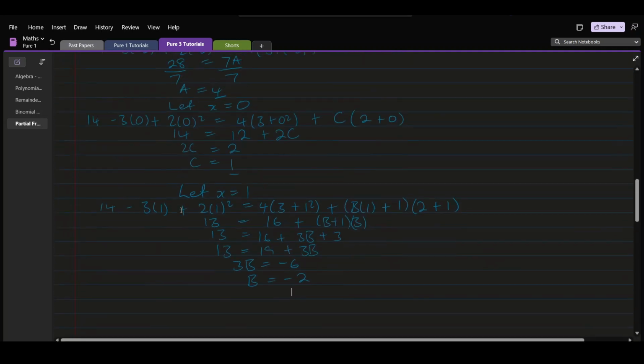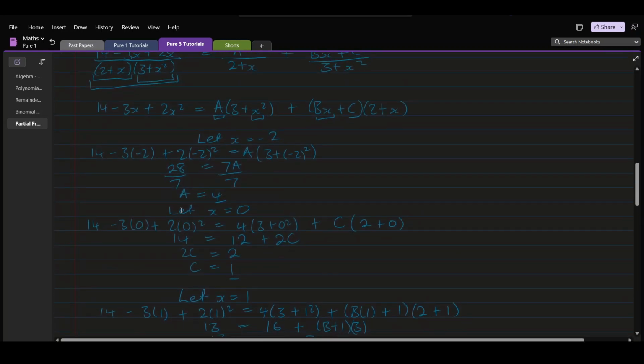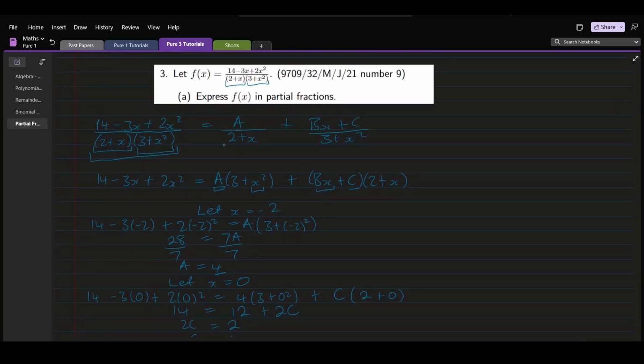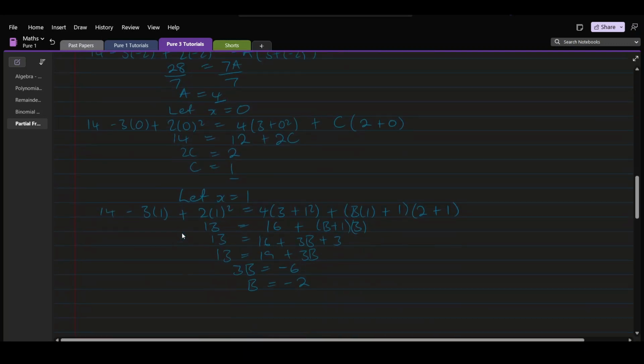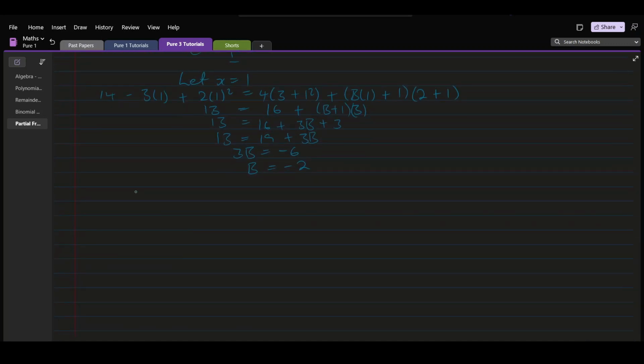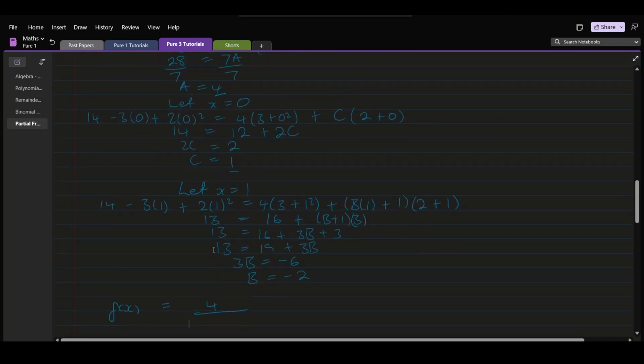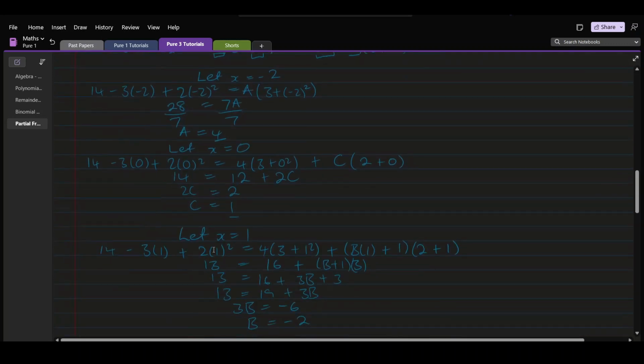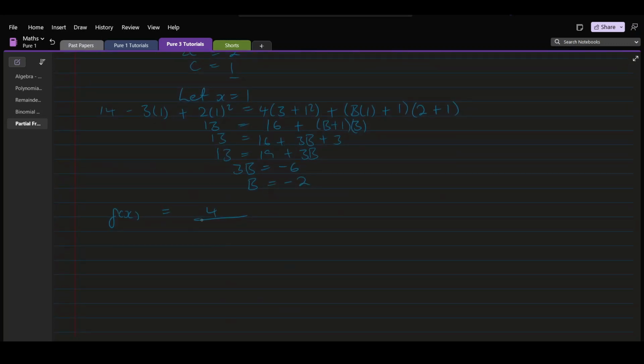Now we have all the values of a, b, and c, and we're going to come back to this expression and simply substitute. So a is 4. We can say that f of x is equal to 4 over, what's our linear factor, 2 plus x.